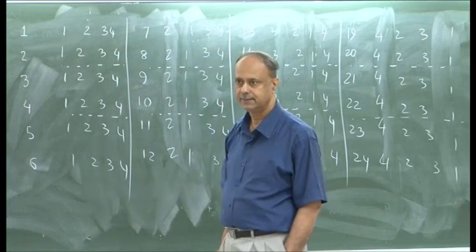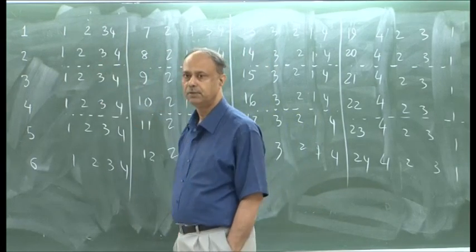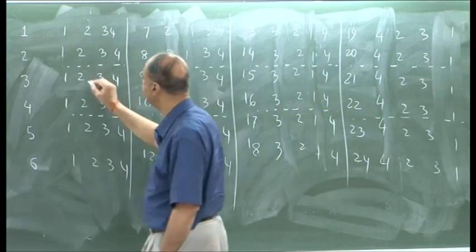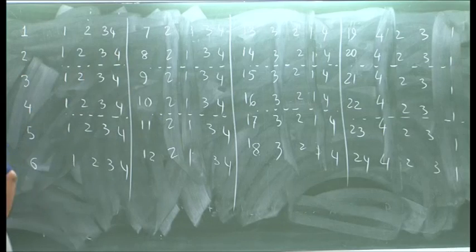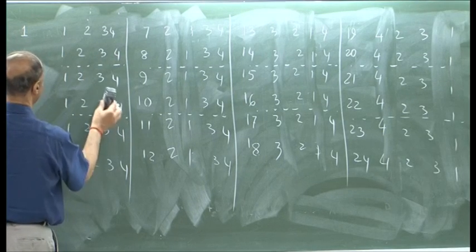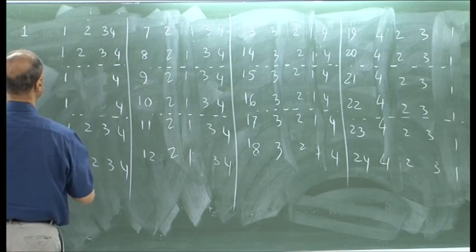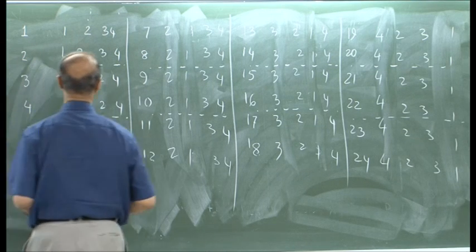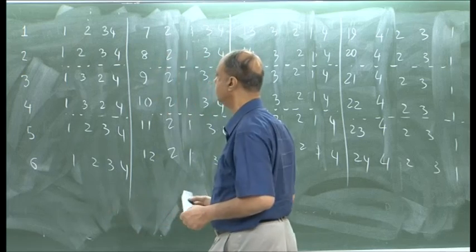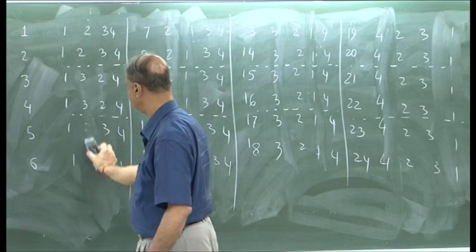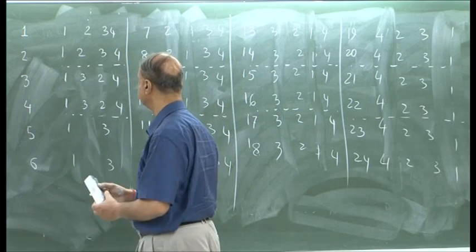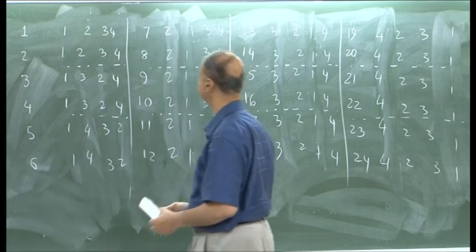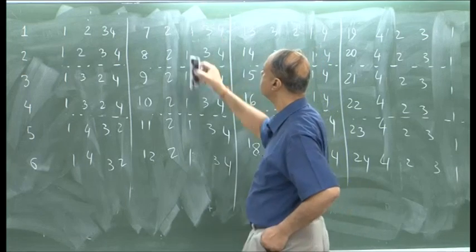For this group, B2 is 2, so 2 plus 2 minus 1, and this will be interchanged with this: 3, 2, 3, 2. For this group, this will be interchanged with this: 4, 4, 2, 2. For this group, there is no interchange.